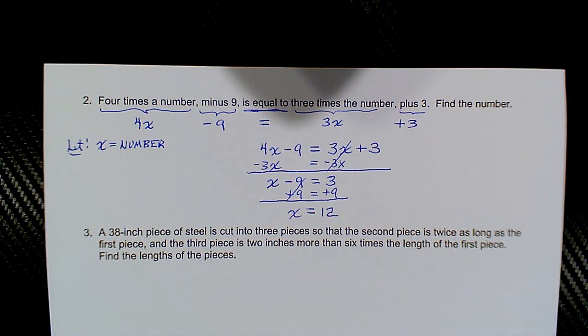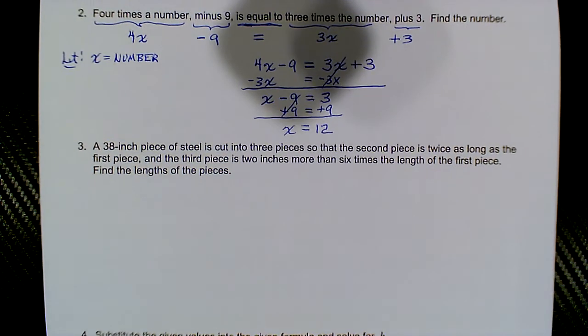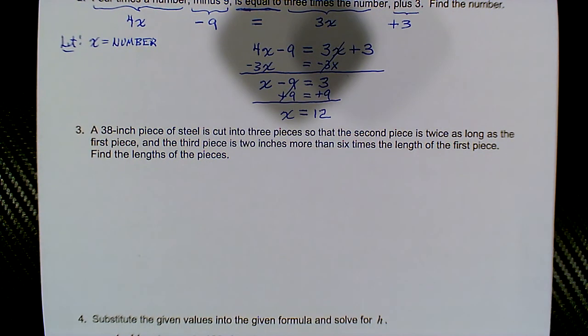And number 3 is probably, it seems like one of the hardest questions because it looks like there's a lot of verbiage there and talking about 3 pieces of this piece of steel and the relationship between the 3 pieces. But my math lab actually breaks it down for you.